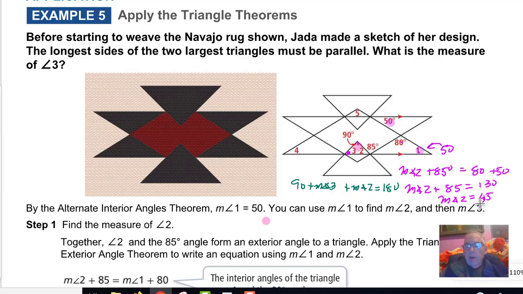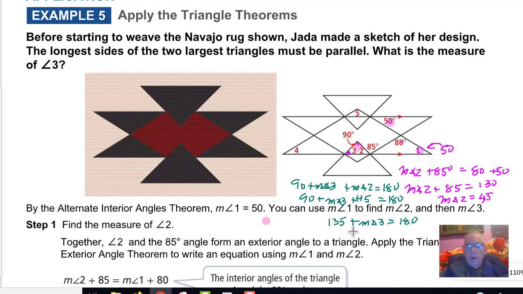But we found out that the measure of angle 2 is 45 from what we did over here. And we've got 90 plus 45 plus measure angle 3 has to equal 180. 90 and 45 is 135 plus measure angle 3 equals 180.